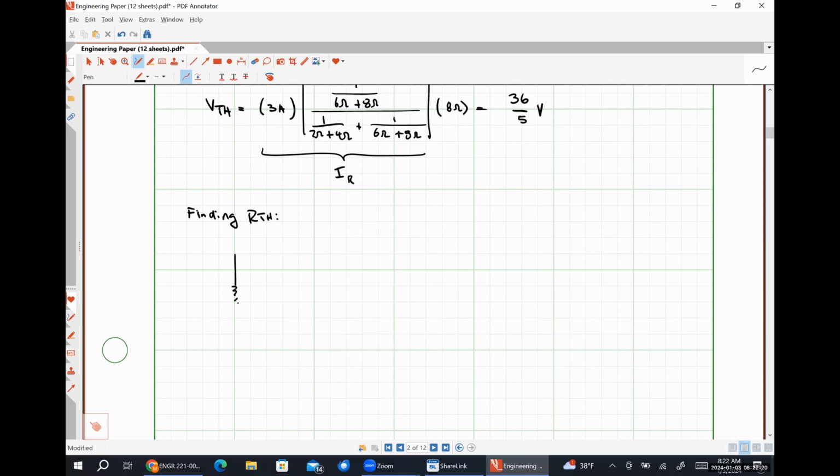So here's our 2 ohm resistor. Four ohms. These are the terminals where my current source was. Remember, to turn a current source off, we open circuit it.